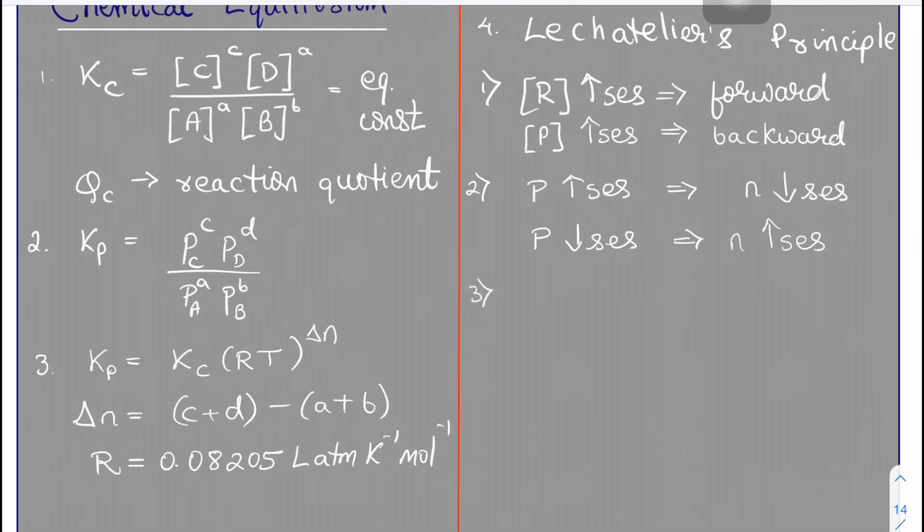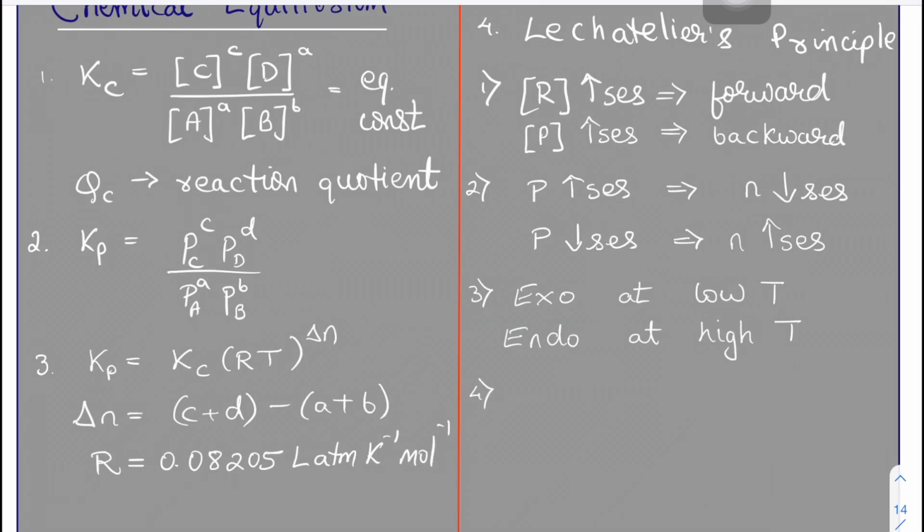Third is with respect to temperature. Exothermic reactions are favorable at low temperature, whereas endothermic reactions are favorable at high temperature. Okay. Next is the effect of inert gas.